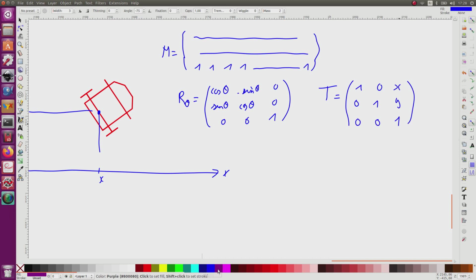So what happens is that if I compute T multiplied by M, then I will translate the car which corresponds to M. If I multiply by R theta, then if I put R theta multiplied by M, it makes me rotate the car. So as a consequence, just to put the car at the right place, I will first rotate. So I will take M, I will rotate, and then I will translate by x and y.